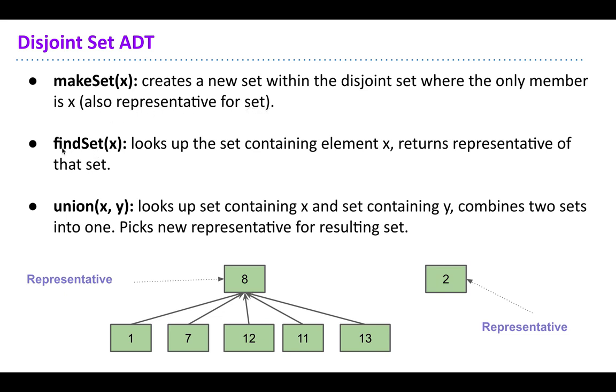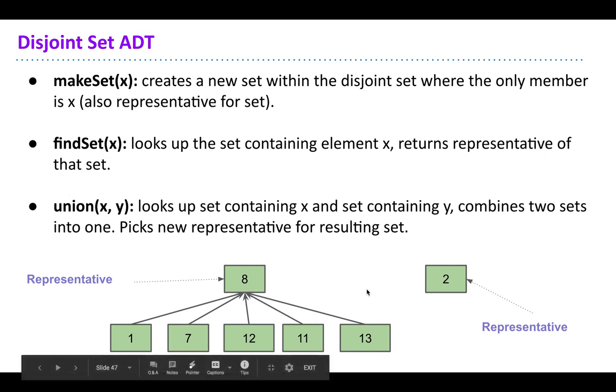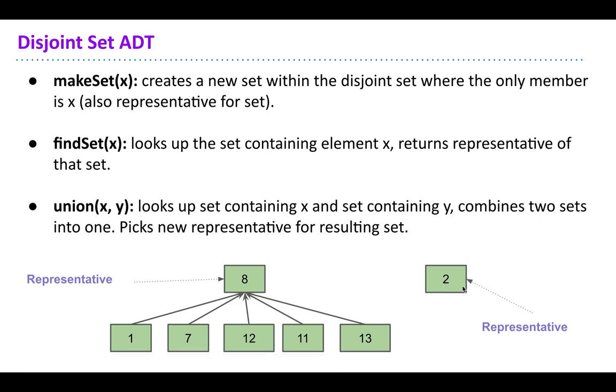FindSet we can also do, so you can look up, if I have a value X in my disjoint set, what set is it part of? It looks up the set containing element X and returns the representative of that set. Going back to this picture down here, what we mean by representative is that we arbitrarily have a node be the representative of its set.